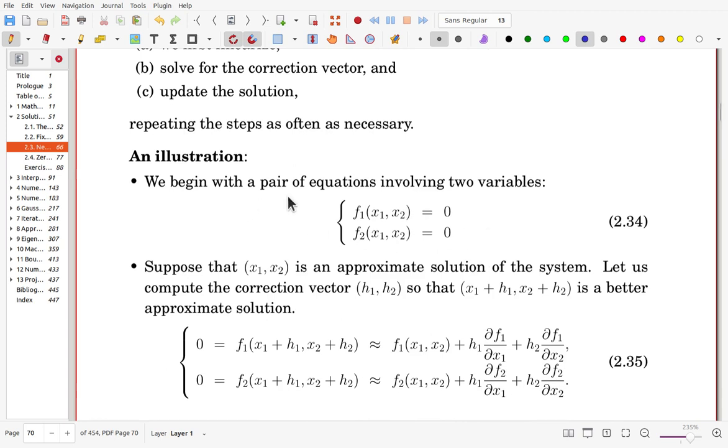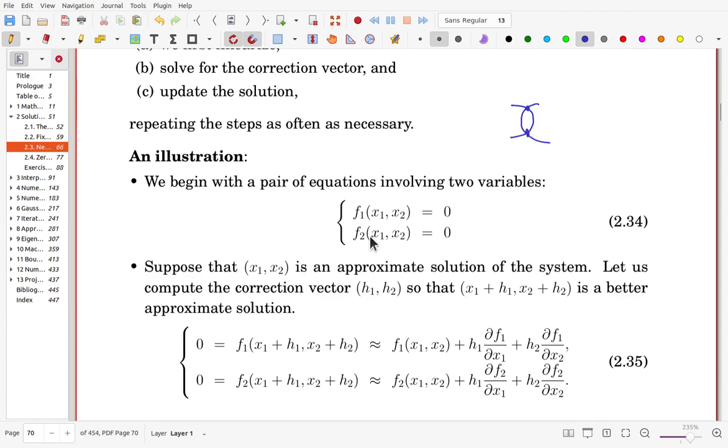We begin with a pair of equations involving 2 variables: 2 variables and 2 equations. But it doesn't mean this system has a unique solution. For example, in the 2-dimensional plane, if this is quadratic and quadratic, then one curve can be given in this way, another curve in this way, so that there are 2 solutions.